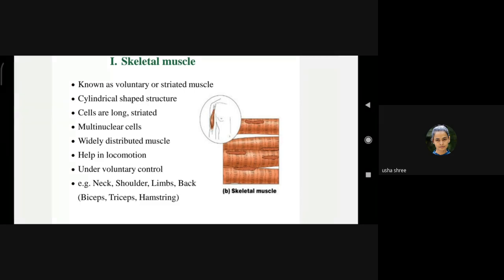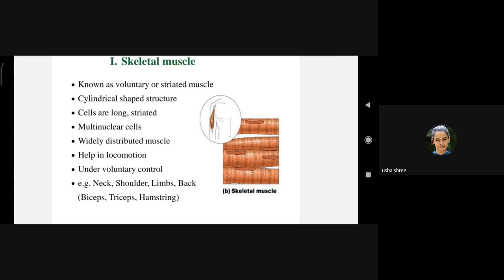When we were studying the cell, we studied that there are anucleated, mononucleated, and multinucleated cells. Multinucleated means more than one nucleus is present in a single cell. This multinucleated cell can be found in skeletal muscles because skeletal muscles are larger and have to work hard.